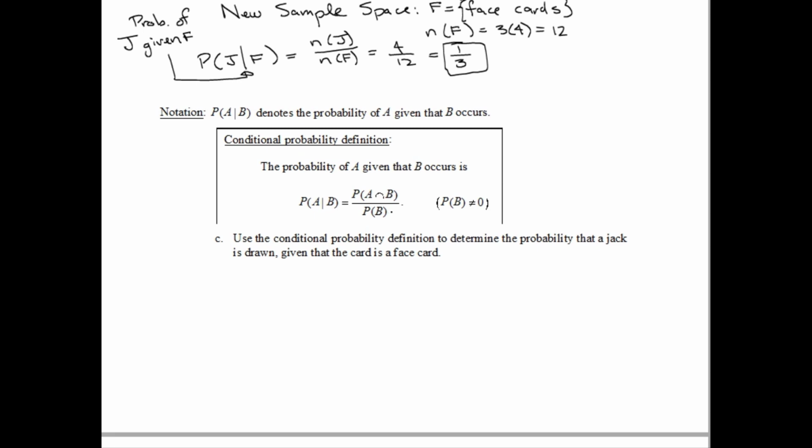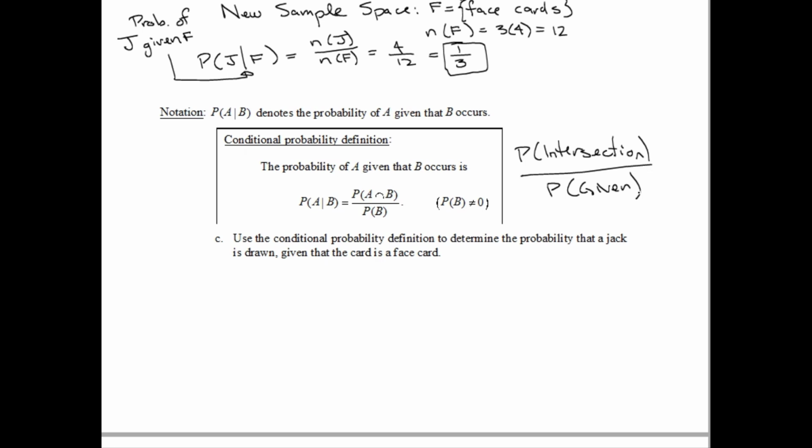The way that I remember this is the probability of the intersection divided by the probability of the given. That's the way I say it to myself in my head to make sure that I remember this conditional probability definition.